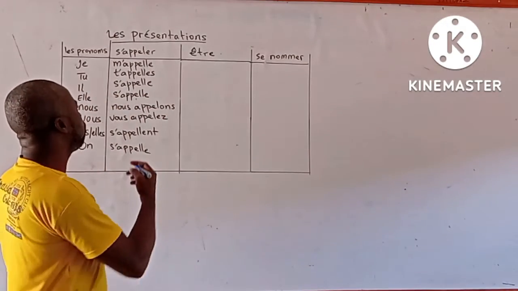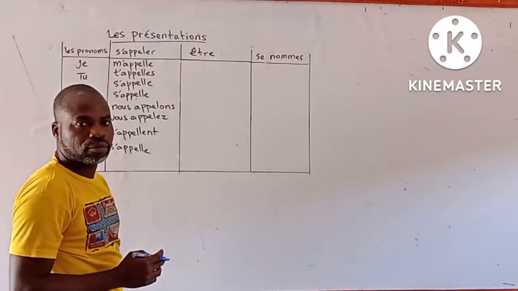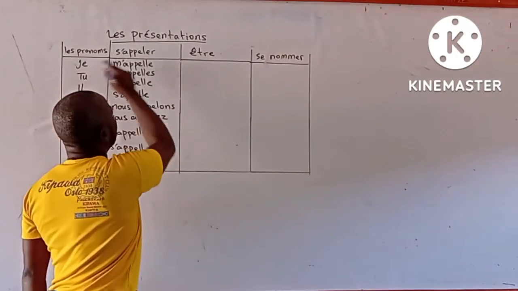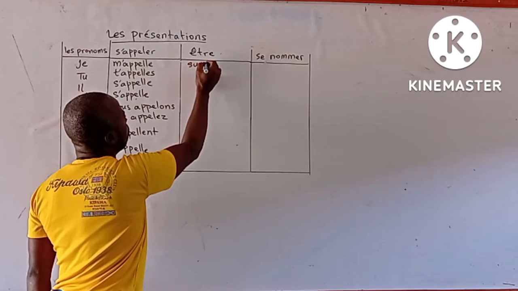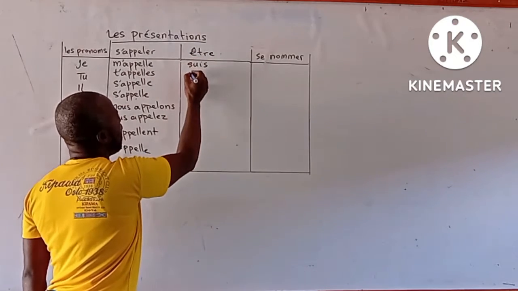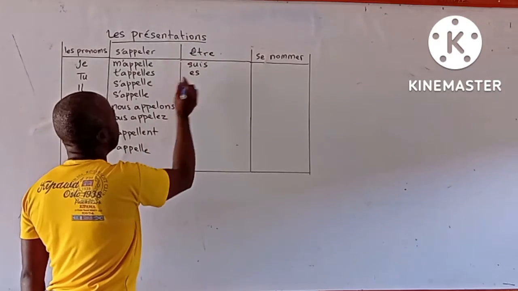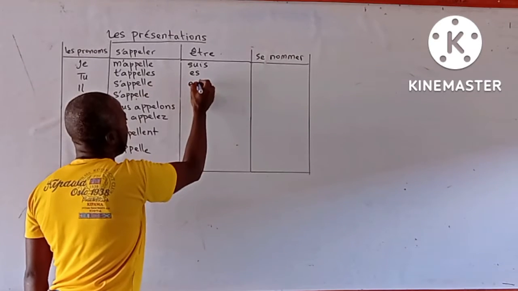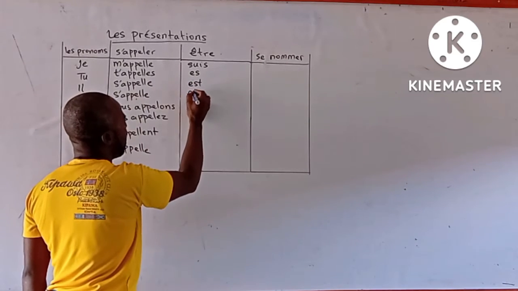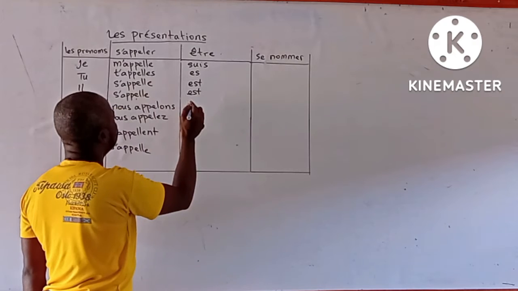Now, let's move to être. Je suis. Tu es. Il est. Elle est. Nous sommes.